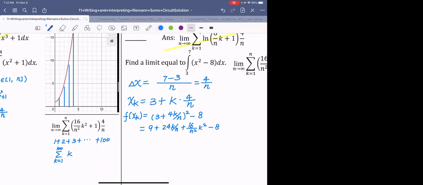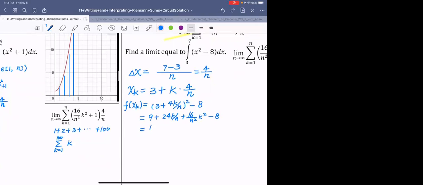Simplifying, it's 16k squared over n squared plus 24k over n plus 1.